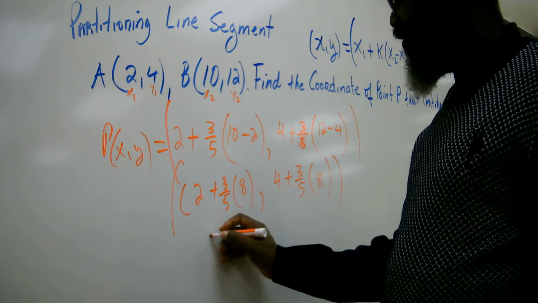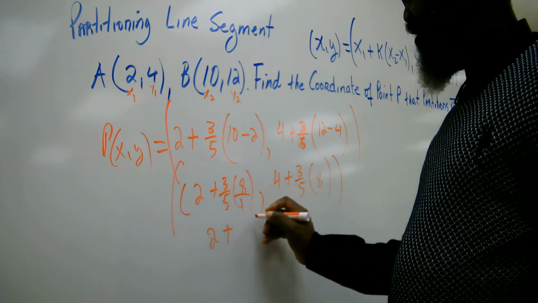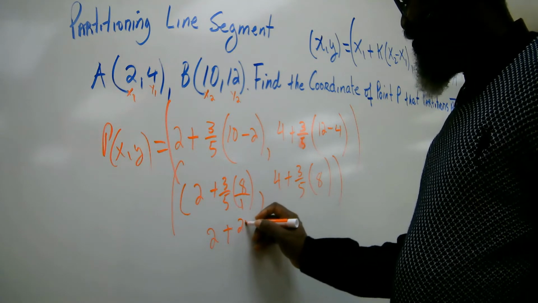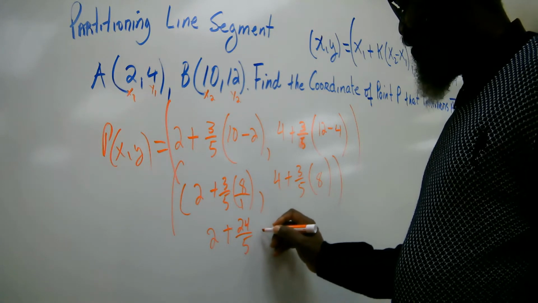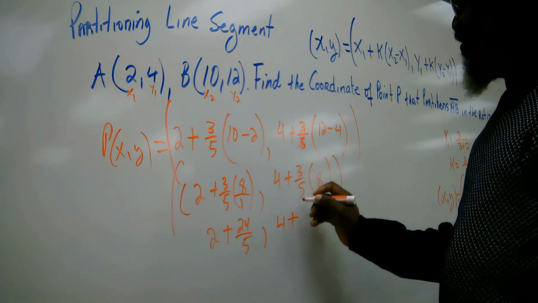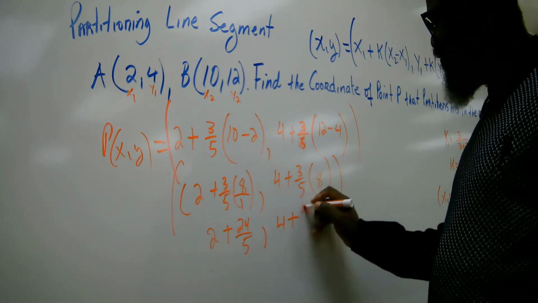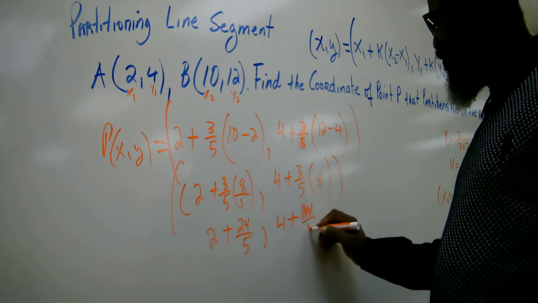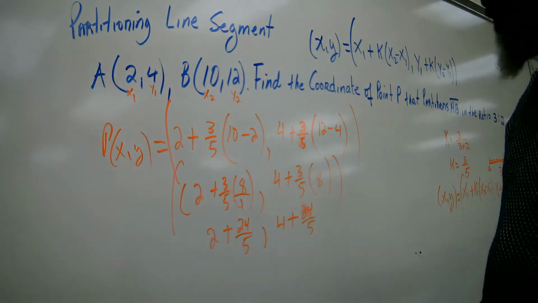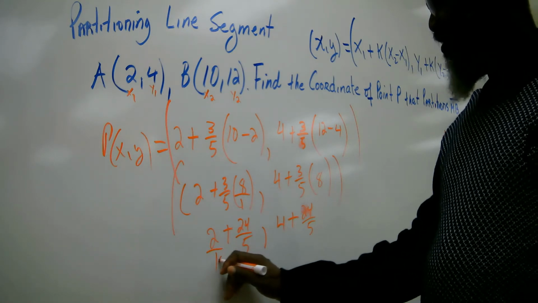Then you will end up with 2 plus 24/5, comma, 4 plus 24/5. If you want to change that to decimal, you can, but you don't have to. In this case, you want the same denominator, which will be 5.